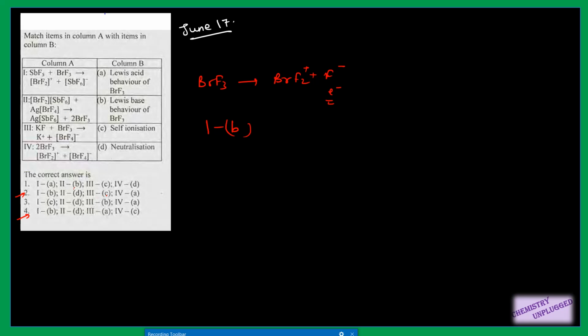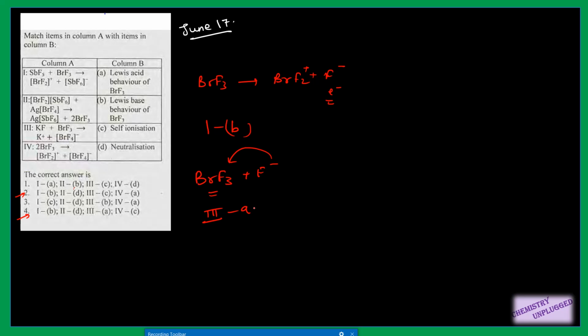Then third is with C or A. Third is that this KF is giving its F to BrF3, meaning BrF3 is accepting electrons from F of this KF. It is accepting electrons, meaning it is acting as a Lewis acid, right? So third should go with A. C is not possible, it is not self ionization, right?